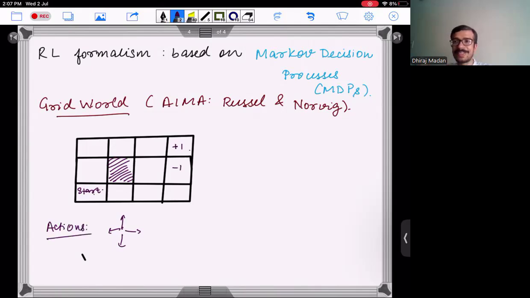Now we are going to get some flavor of this Markov decision process, so I'm trying to use the same terminology. Action here refers to the possible choices you have.